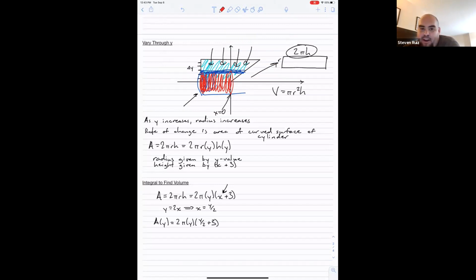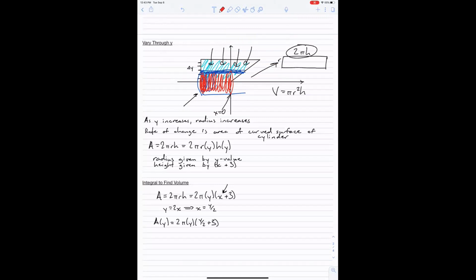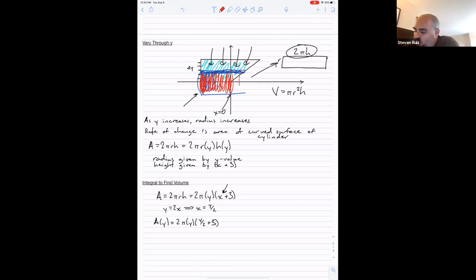What is the height of that red cylinder right there? Three. That's 3. What if I went 1 unit further? So if I went 1 unit further, that height would be 4, but the x value would be 1.